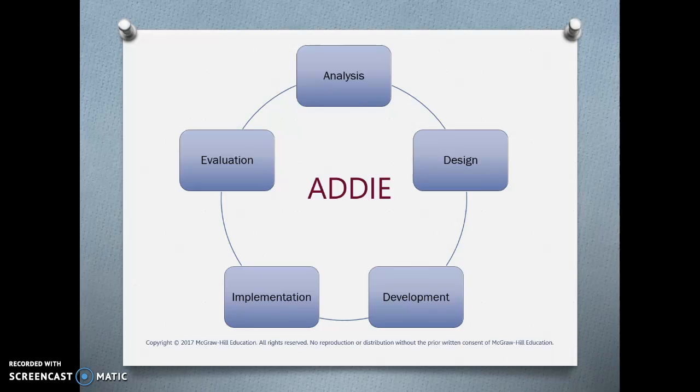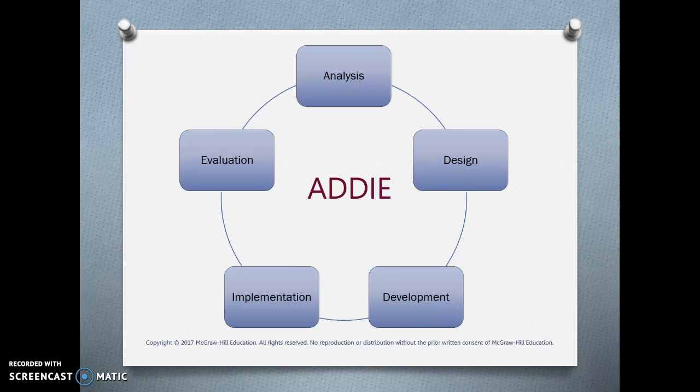So we need to set those and determine what it is, thinking of the end in mind. You want to make sure you can measure those learning objectives. And then when you evaluate at the end, you will then know if you have a measurable objective, if you've met your training needs.